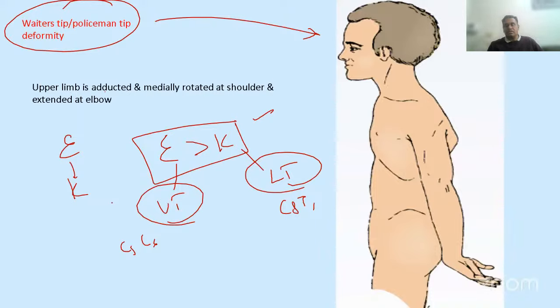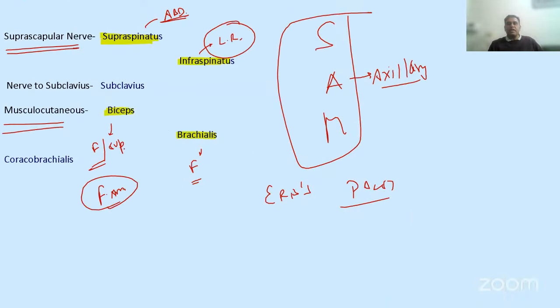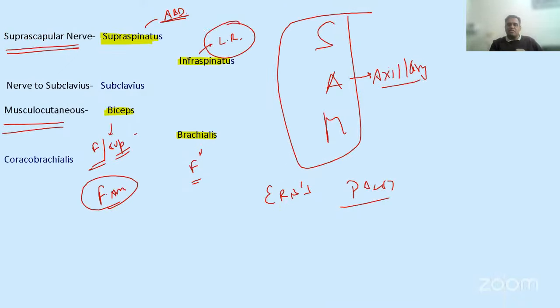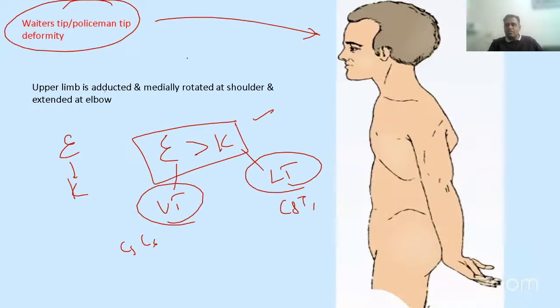Yes, sir, it is extended. Very good. When supination is not being done, then the forearm will be pronated. Is it supinated or pronated? Sir, it is pronated. Very good. So all these actions are compromised. Therefore, this is the final presentation of the patient over here. This is the waiter's tip or policeman's tip deformity. I hope you got the point.